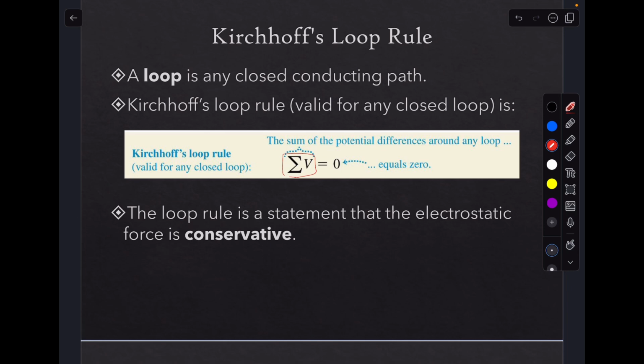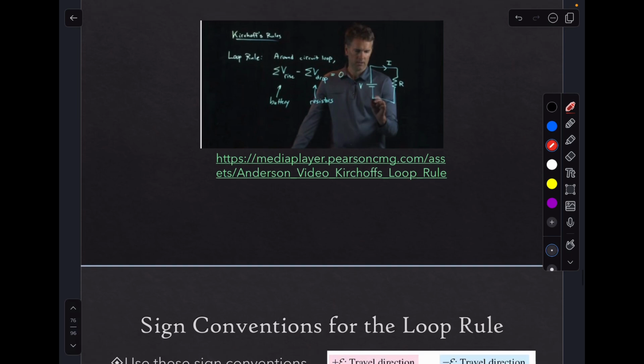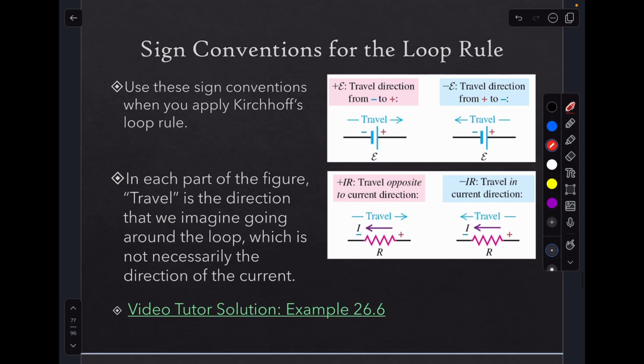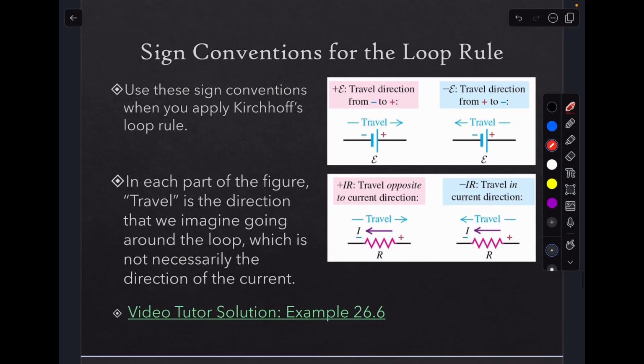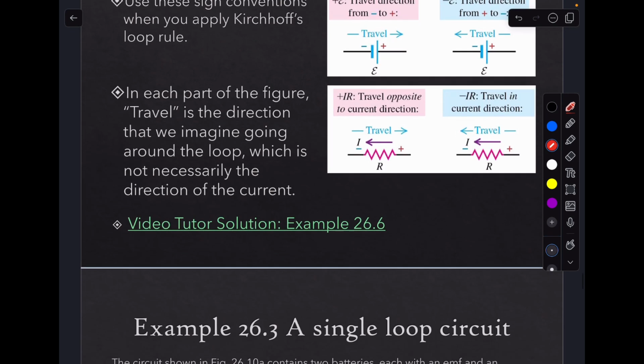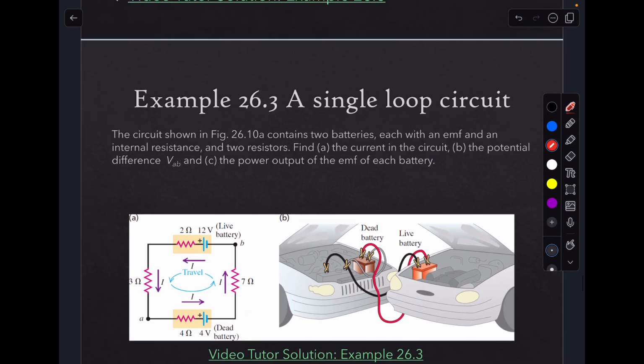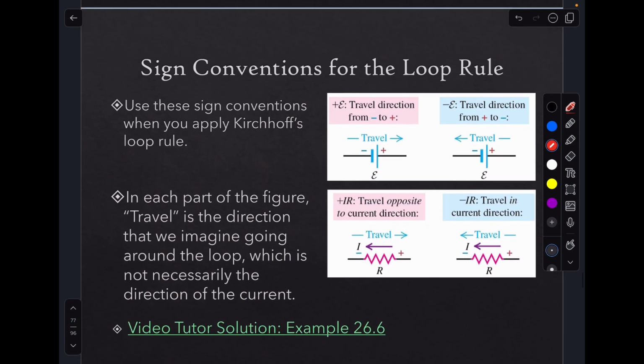It's a closed system. So when we apply the loop rule, there are some conventions we need to consider. Maybe we should do an example after I briefly explain these conventions.